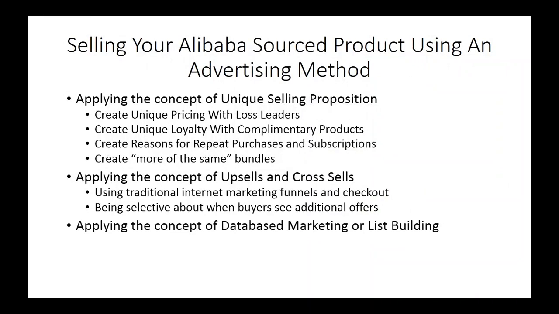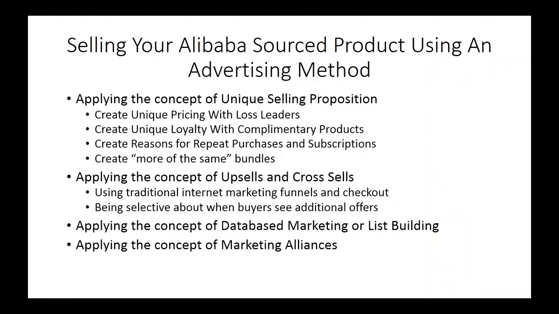We're also going to be applying the concept of database marketing and list building. When a person comes to our website, we want to take the opportunity to try to collect their name and email address. When a person buys, we definitely want to collect their name and email address to make them part of our database.